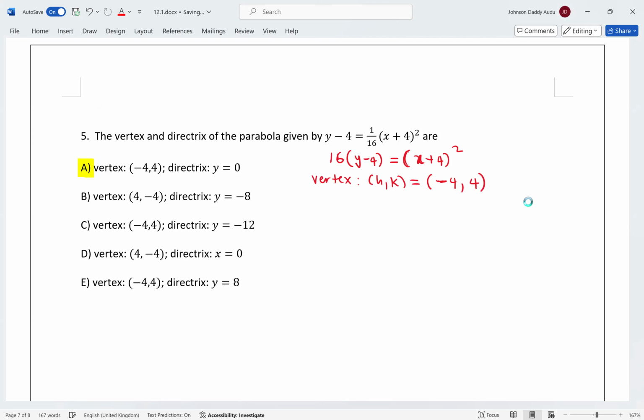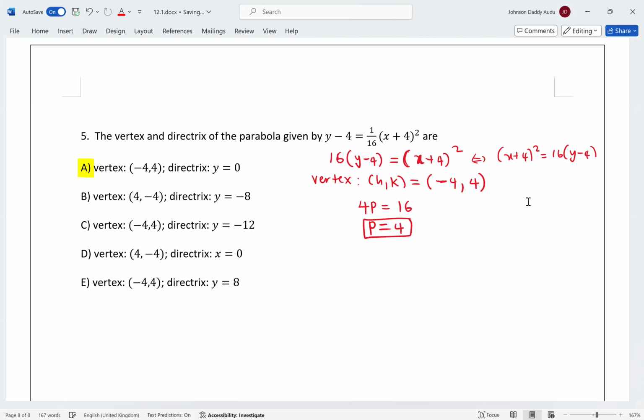Because we have to compare, you can rewrite this as x plus 4 squared is equal to 16 times y minus 4. And then the vertex is known. What will be the directrix? To find the directrix, we need to find what is p. So 4p is nothing but 16, so it means that p is equal to 4, right?